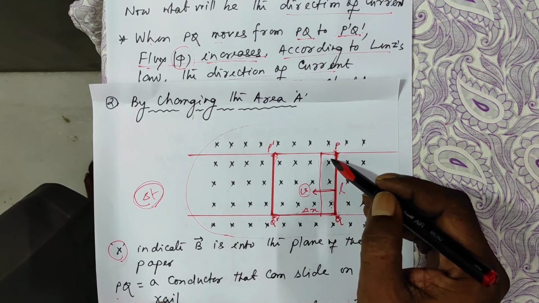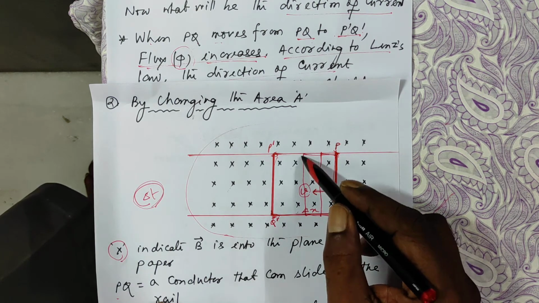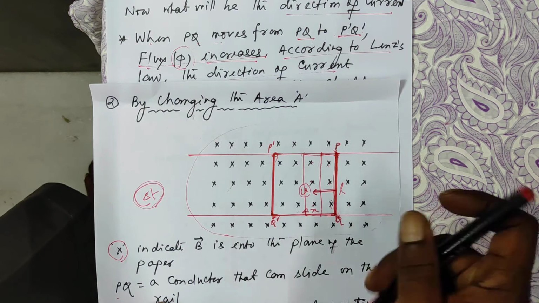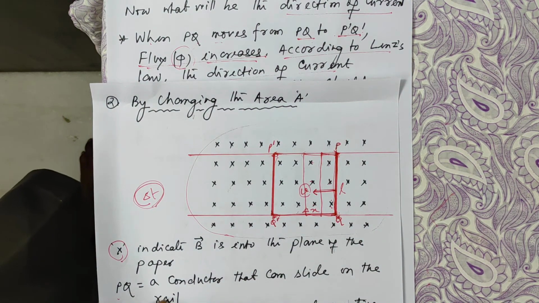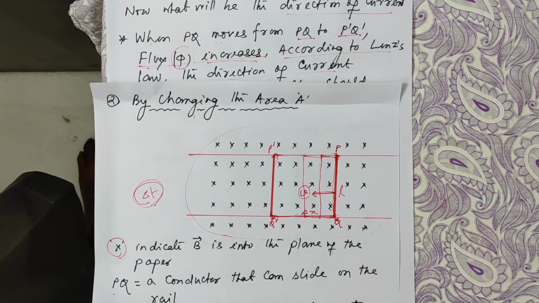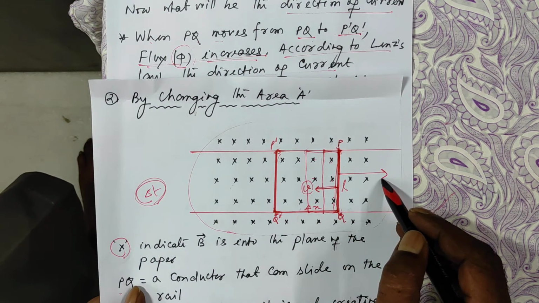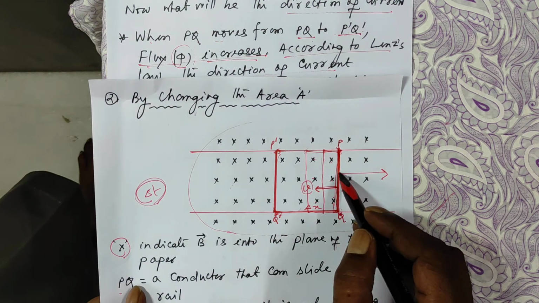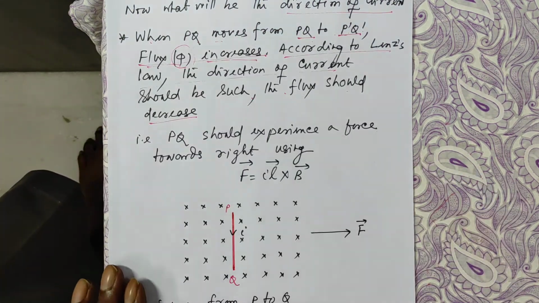When PQ is here, this is the area created, and the number of lines of force passing through is 1, 2, 3, 4, 5, 6. So as it is moving to this side, the number of lines of force passing through the area it is creating is increasing. So according to Lenz's law, if this conductor experiences a force to this side, then the flux will decrease. Then how will this conductor PQ experience a force to this side? That is the question.